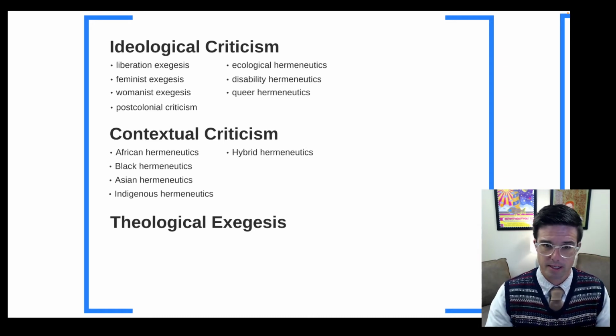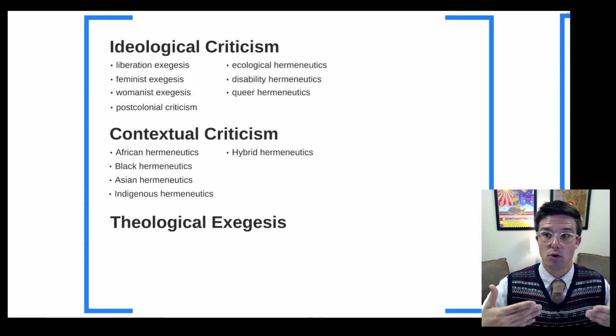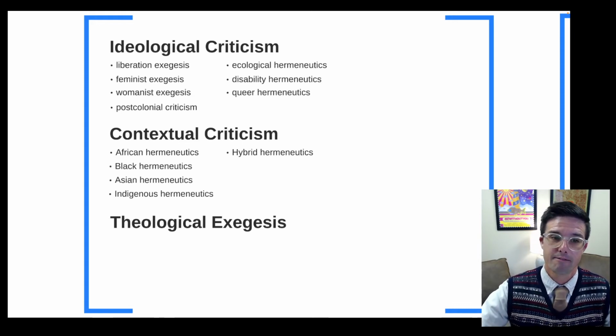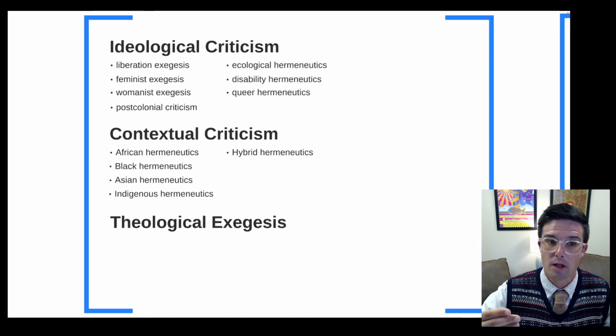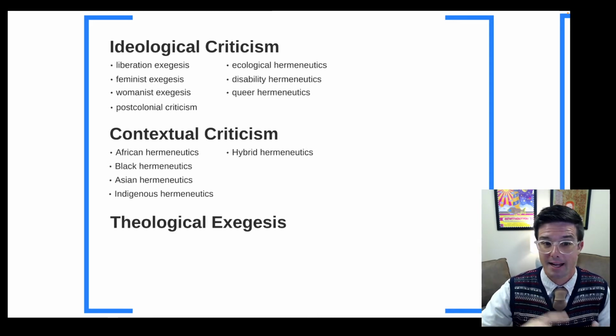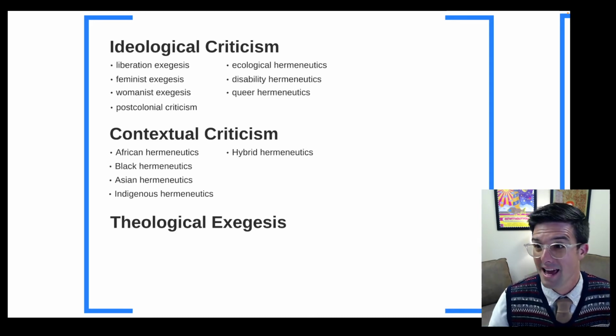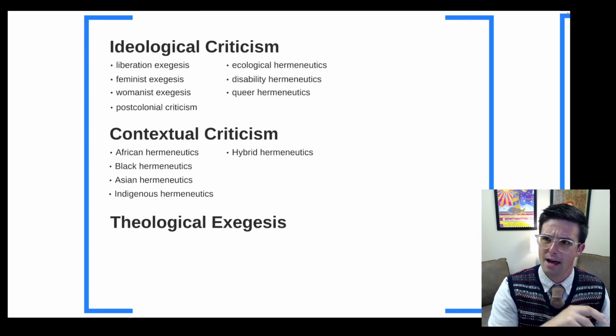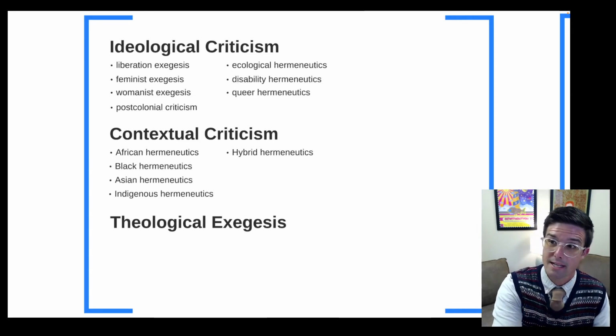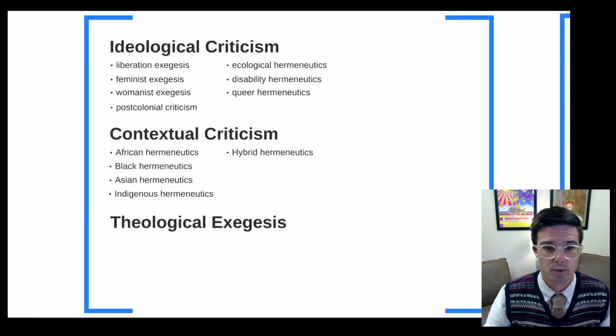All of these approach the biblical text thinking first and foremost through the lens of what it means to be African, Black, Asian, Native, or have a hybrid ethnic identity, and how that affects one's reading of the text and what might come out of it.